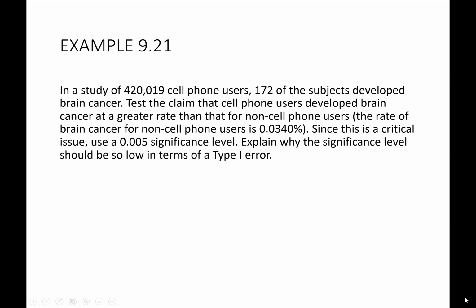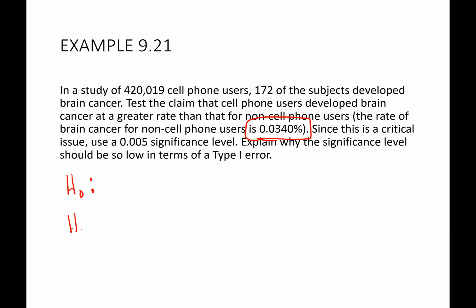Okay, so what's our null and our alternative hypothesis? Well, 0.034% of the population of non-cell phone users have brain cancer. We're trying to show that this is a greater rate than that for the non-cell phone users.